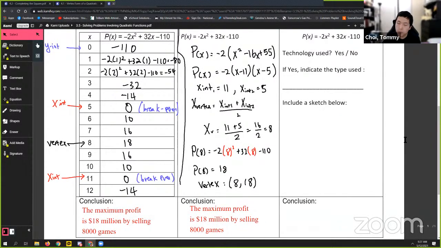And continuing on from there, since the question is asking for maximum profit, we want to solve for the vertex, right? That's telling us, hey, find vertex. So we continue onwards. We plug in our x-intercepts into the formula and solve for our vertex. So that's going to be the full process there.